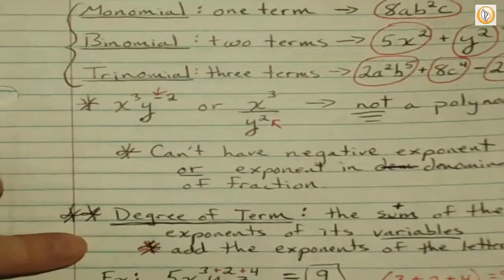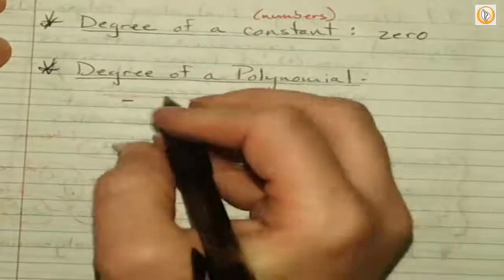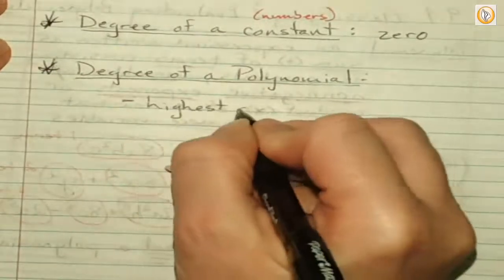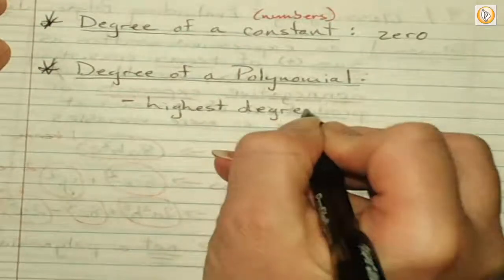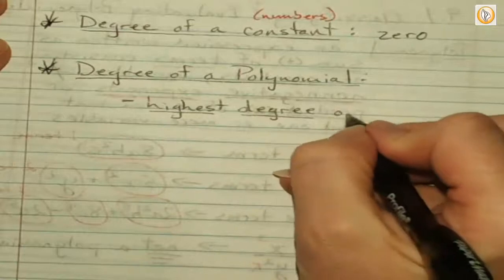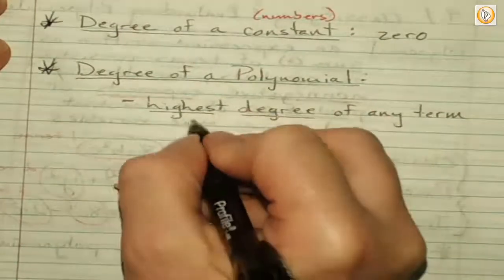Okay, so degree of a term, that's the individual term. This one is going to be degree of the polynomial. All right, here's the rule. It's the highest degree of any term in the polynomial.